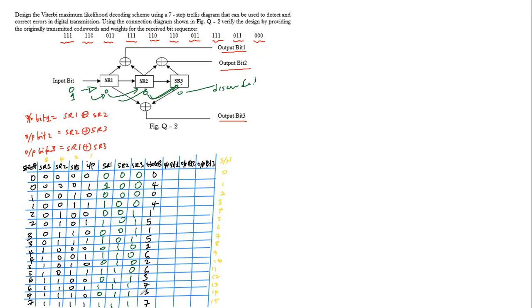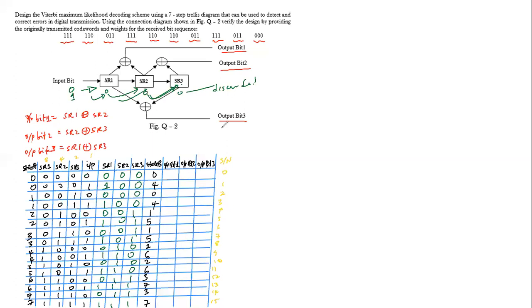So we can now go back to our connection diagram. The output bit will vary depending on the connection diagram, so the output bit sequence will not always be the same. Okay? So this is going to be the algorithm that will run at the output level and at the input level.